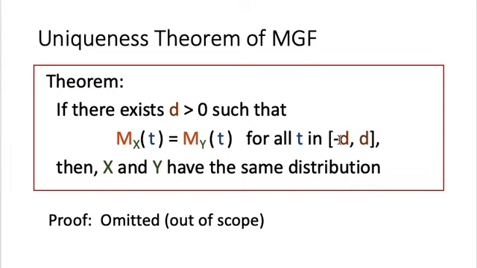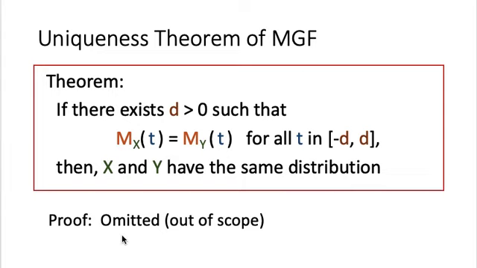So within this range of t, the two moment generating functions agree. Now just a small portion of them agreeing would then imply the two random variables have the same distribution. So this is called the uniqueness theorem.